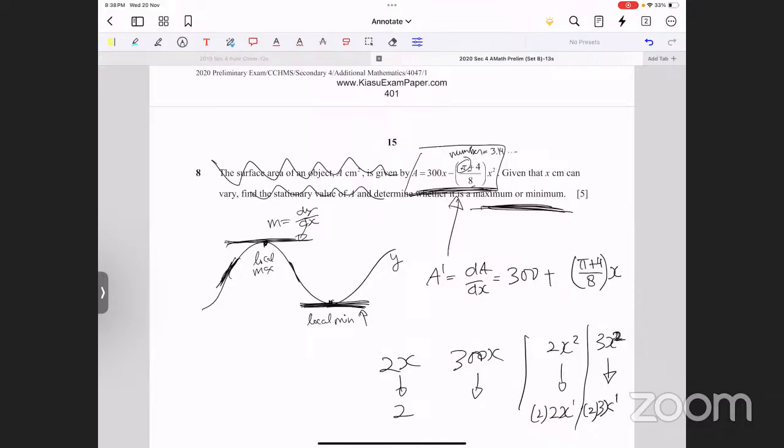Now the power is? 0. Oh, wait, 1. Focus here. You already done this, okay? Power 1, and then the last step will be?